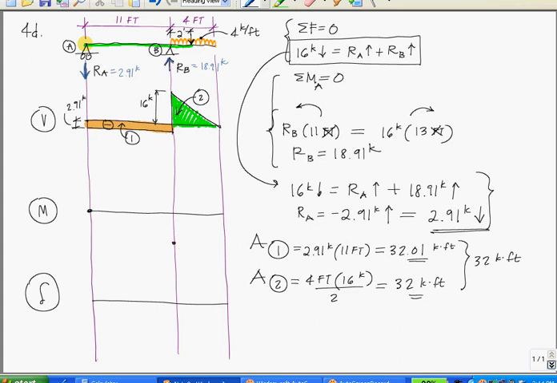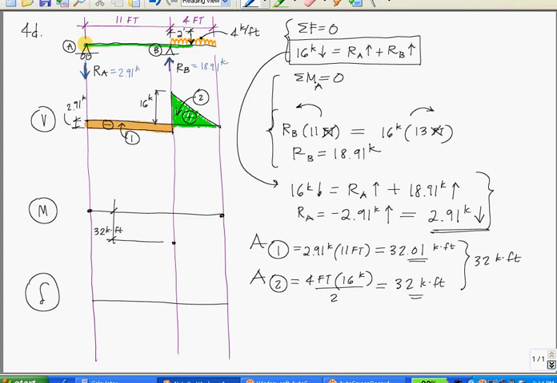So let's go down 32 kip feet. And then from this point to the end, we have a positive area. And that area is also 32. So we go up 32 kip feet back to 0.